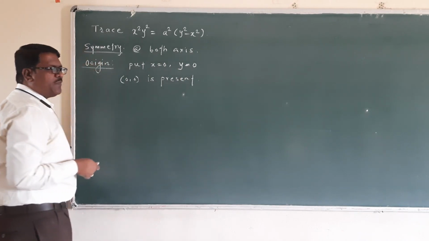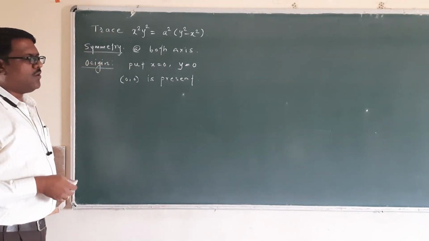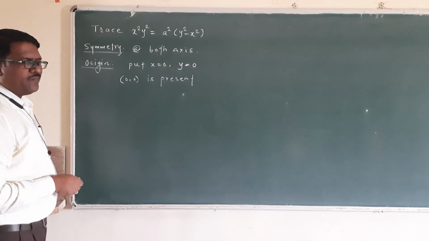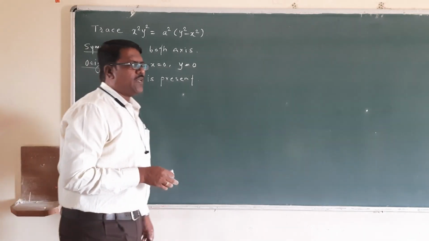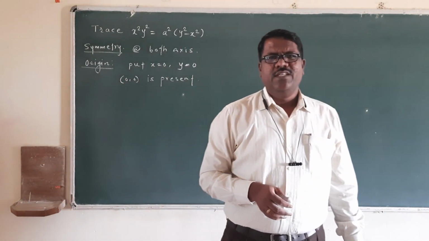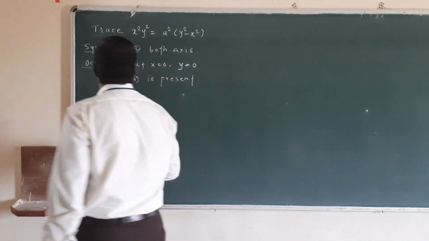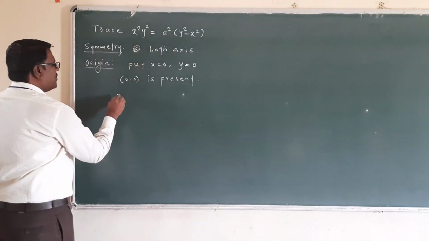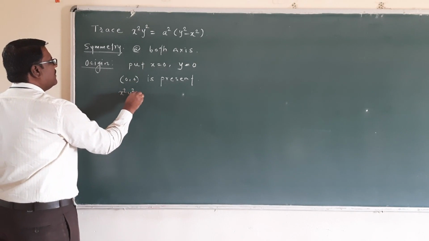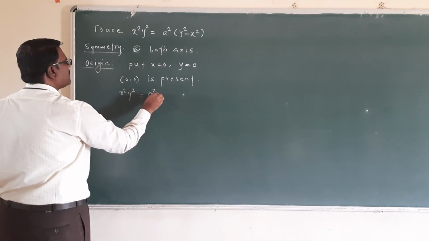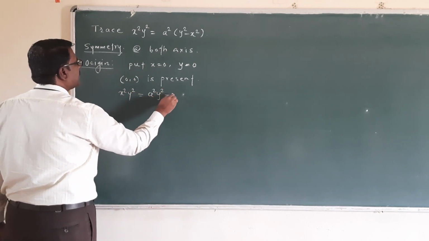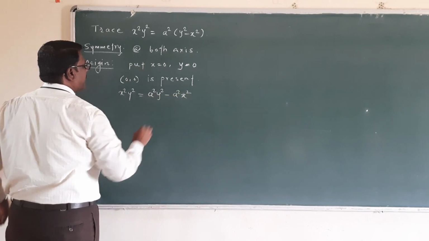If origin is present, the next work is to calculate the equation of tangent at origin. How do we calculate the equation of tangent at origin? Equate the lowest degree term to 0. Consider the given equation: x square y square is equal to a square y square minus a square x square.